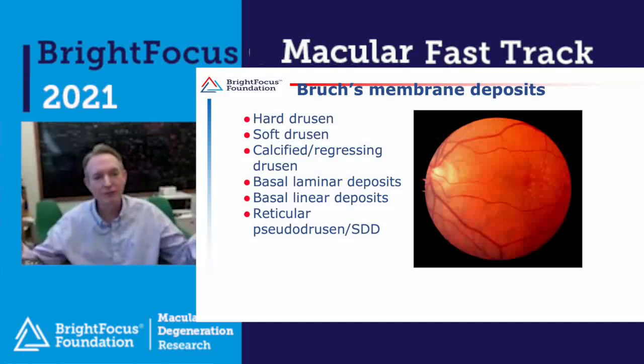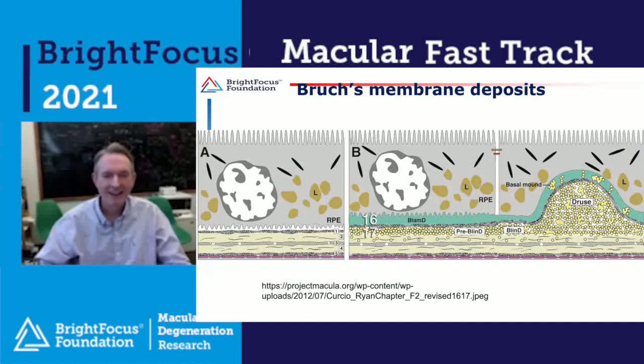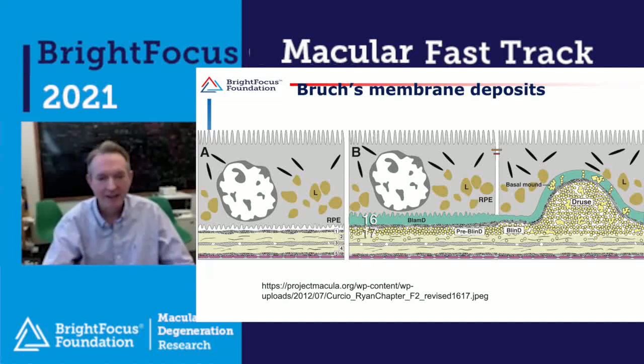You can also have these flat forms of deposit called basal laminar deposit, basal linear deposit, and of very recent interest from the work of Dr. Spaide and Dr. Curcio, these reticular pseudodrusen or subretinal drusenoid deposits. And we've seen this excellent cartoon earlier. This is a summary of the different kinds of deposits that form in macular degeneration, and which layers they form in. And so I just want to show a few examples of these.